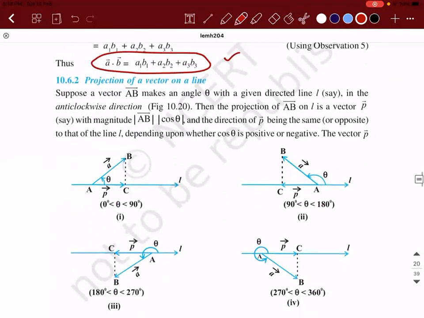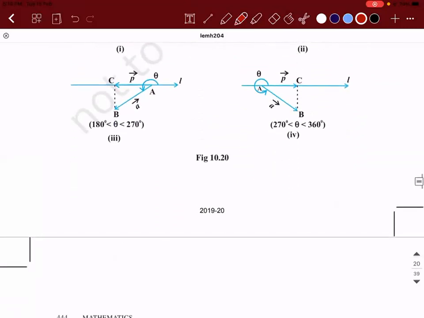Okay. And the last concept with respect to dot product is projection of a vector on a line. Can someone tell me what is the meaning of projection of a vector on a line? So you have a line and you have a vector. If you want to project this vector on the line, what are we supposed to do? Yes, projection means dropping perpendiculars from the ends of the vector.